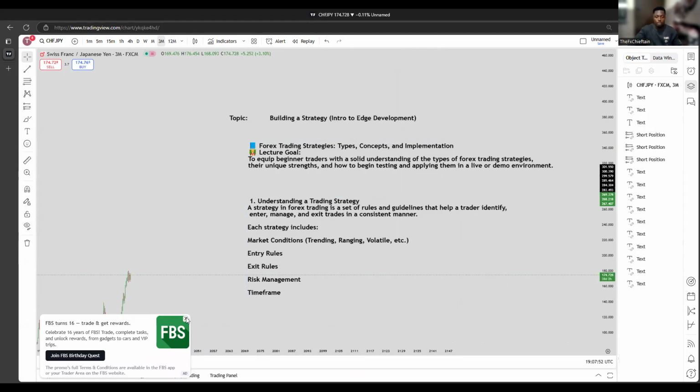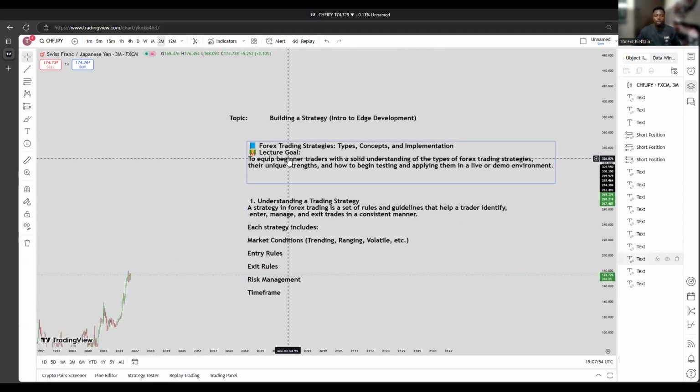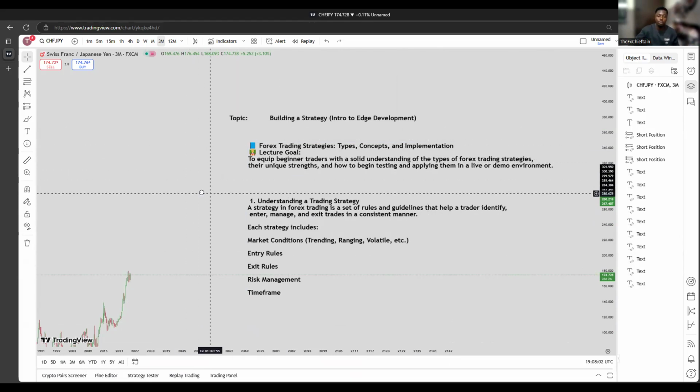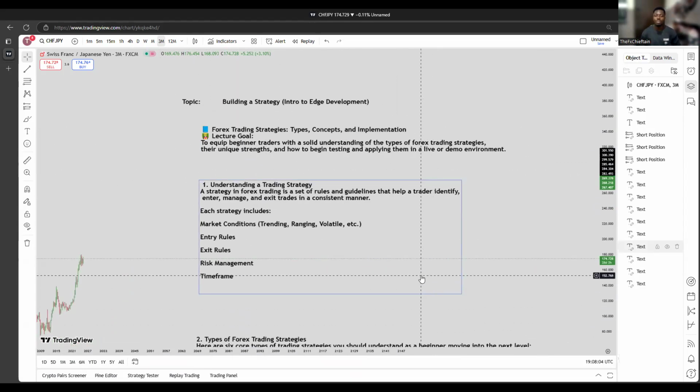In the previous class, we talked about the Forex trading strategy, the types, the concept, and the implementation. Our goal in this lecture was to equip beginner traders with a solid understanding of the types of Forex trading strategies, because we have diverse strategies.